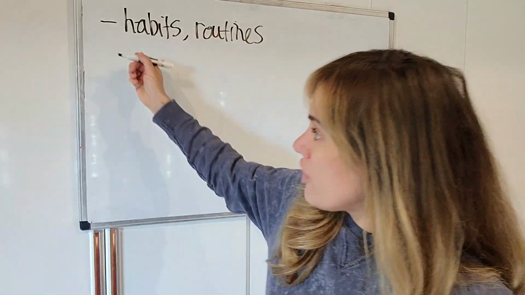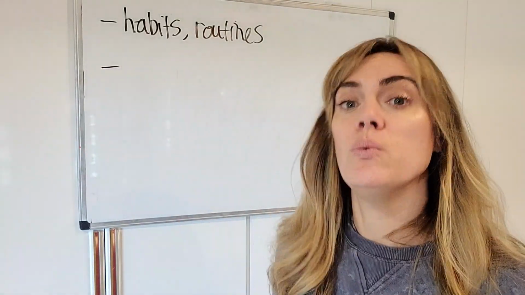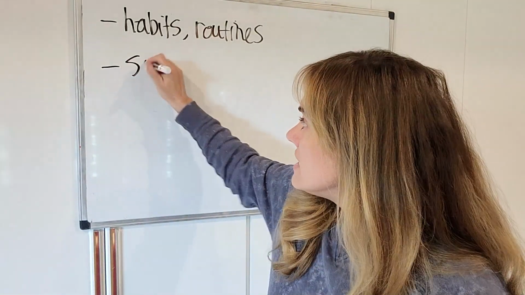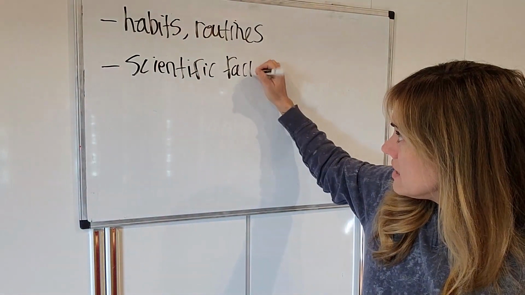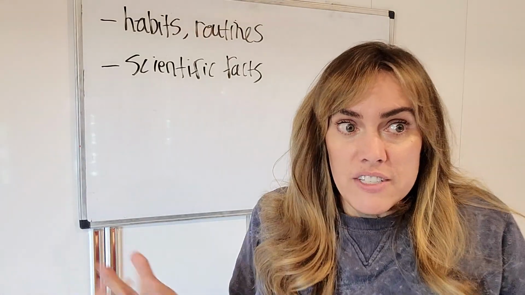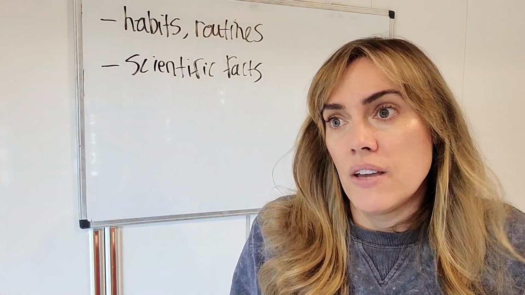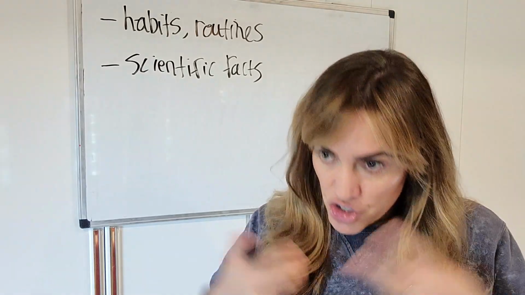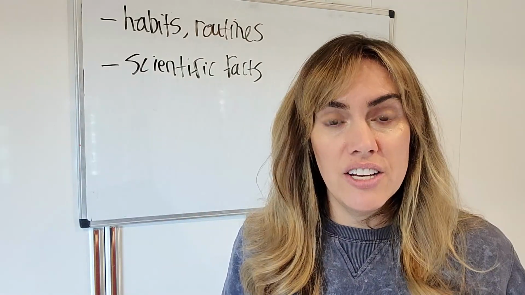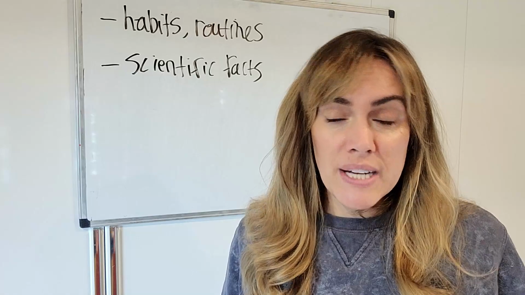Okay, now we also use the simple present when we're talking about scientific facts. So, science, facts, things that are always true. So if it's always true, it's a general thing that doesn't change, we're going to use the simple present.